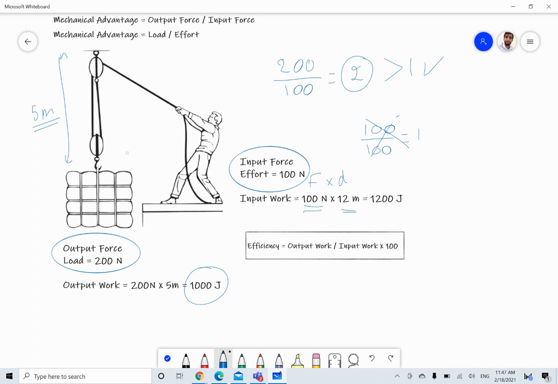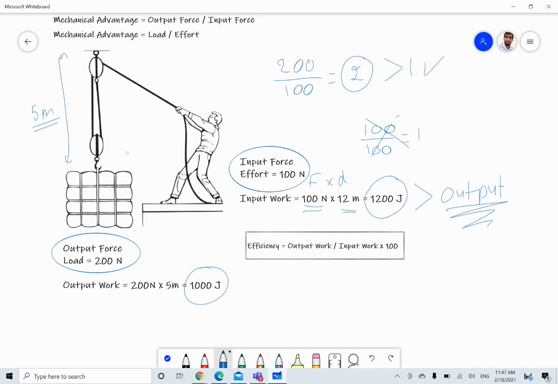So the input work is always greater than the output work. You need to know this information very well.